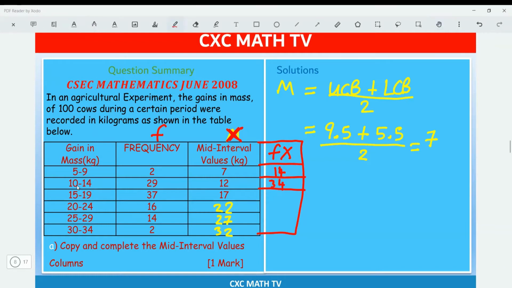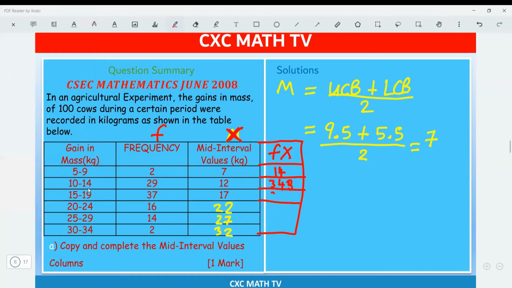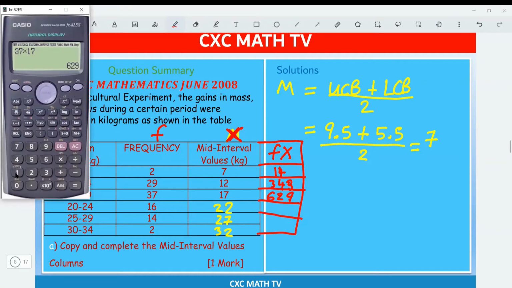And then we go 37 times 17, that is going to give us 629. Then 16 times 22, that's going to give you 352.